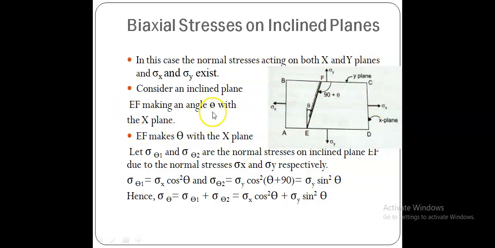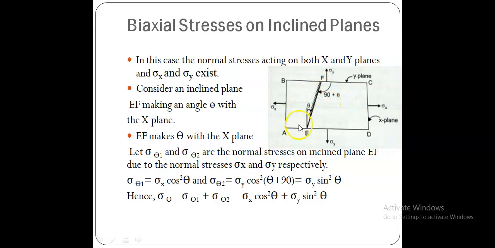Consider an inclined plane EF making an angle theta with the x plane. Same as in the previous case, we took an inclined plane EF and referred it with respect to the x plane, subtending an angle theta with the x plane.